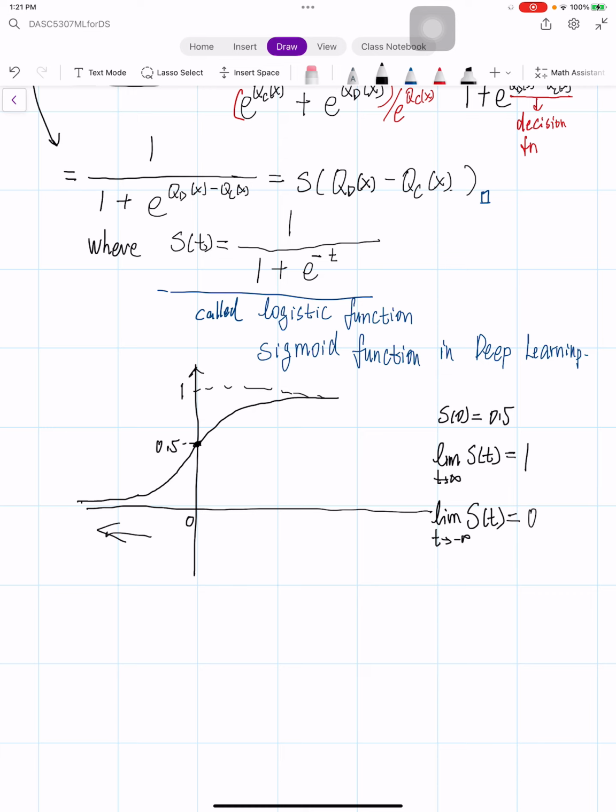So S equal to 0.5 means that on the decision boundary there is a 50% chance our observation will belong to class C. This means a 50% probability to pick C or D.